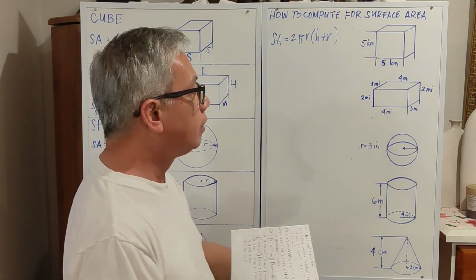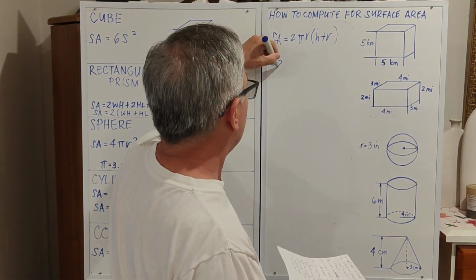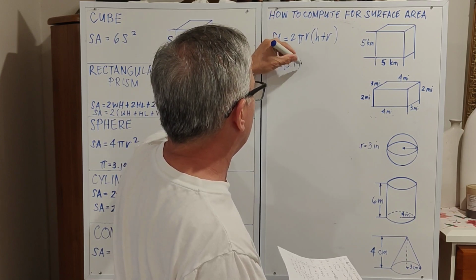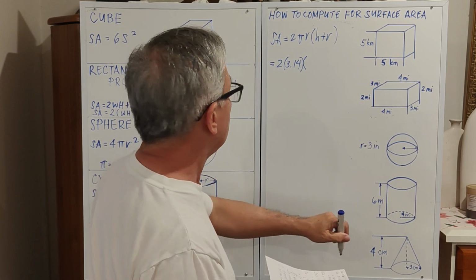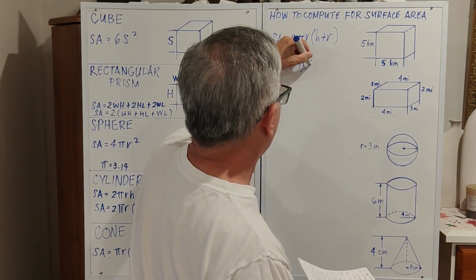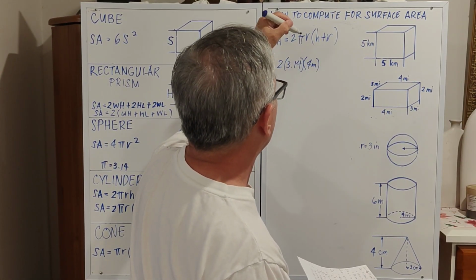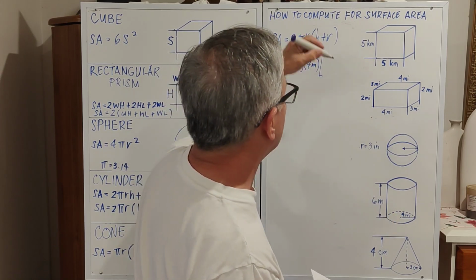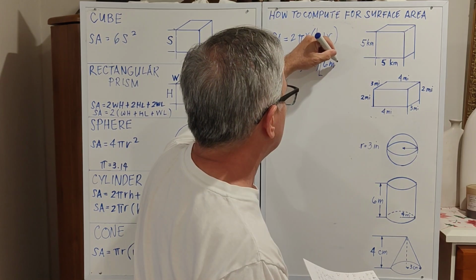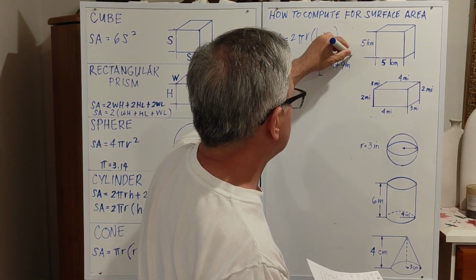So we just plug in the values. 2 times 3.14 times r, which is 4 meters, times h plus r, 6 meters plus 4 meters.